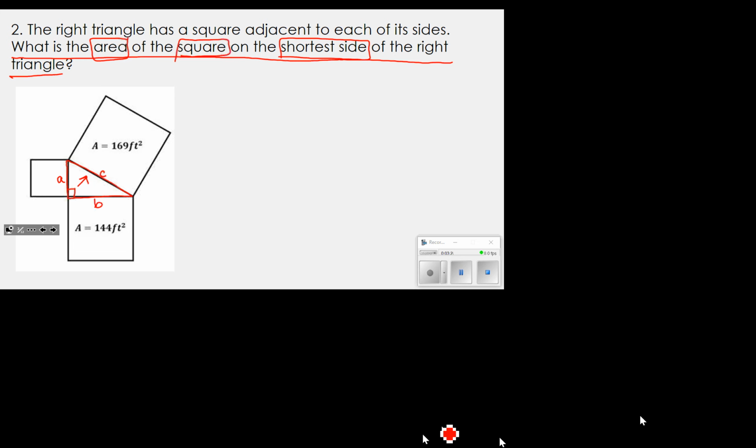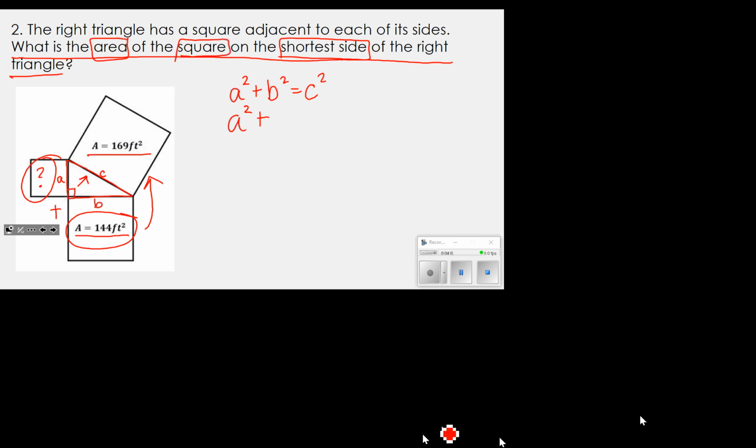Now I know the areas of the squares add up. A squared plus B squared equals C squared. So the area of this square plus the area of this square is going to equal this one. I don't know what A squared is. I don't know what the area of that square is. So I'm going to do A squared, plus, here's B squared.